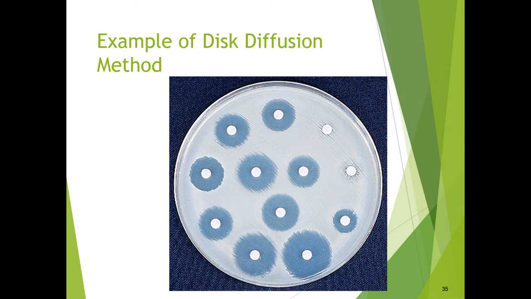So like I said, we put the antibiotic disc on the plate, and the antibiotic diffuses out onto the plate, so you have very strong concentrations the closer you get to the disc, and it gradually decreases in concentration the farther away from the disc you move.